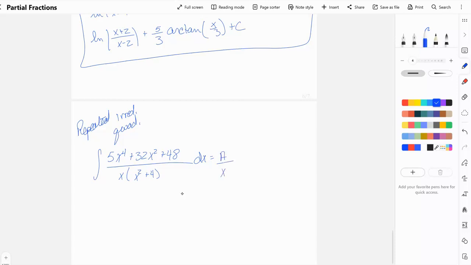So we see we have a linear term, and then we have a quadratic term, and then the quadratic repeated. So our setup's going to be really similar to when we have that repeated linear term. We're still going to think about the fact we could have a linear up here and here.